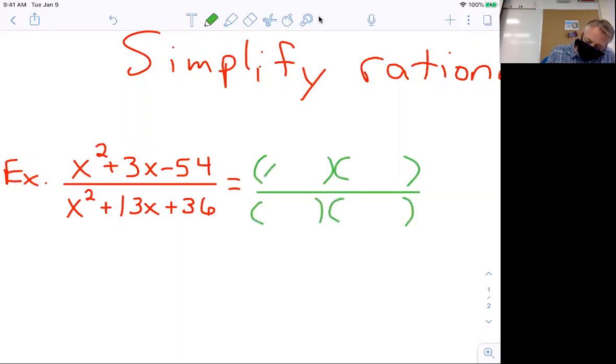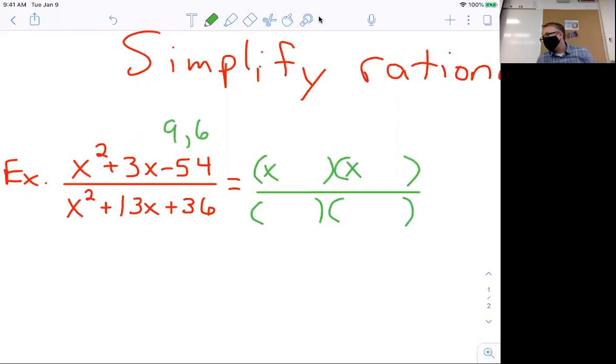So I have x and x in my first two slots here on top. And now I need factors of 54. It could be 1 and 54, but I have to add or subtract to get 3, so that's not going to work. And I know 54 is even, so like 2 and 27, but those are too far apart. I need two that are kind of close together.